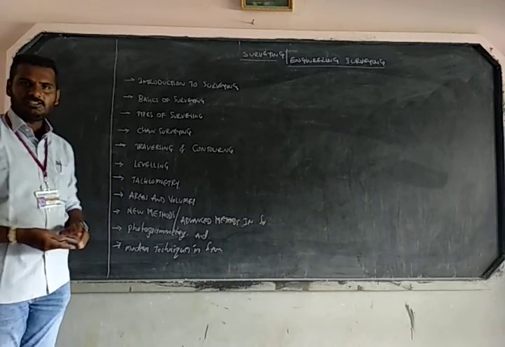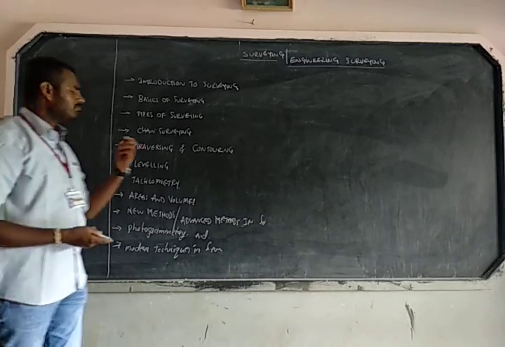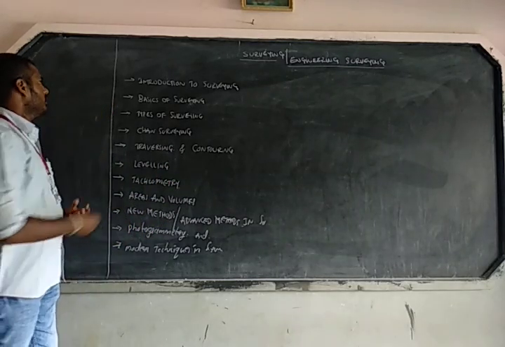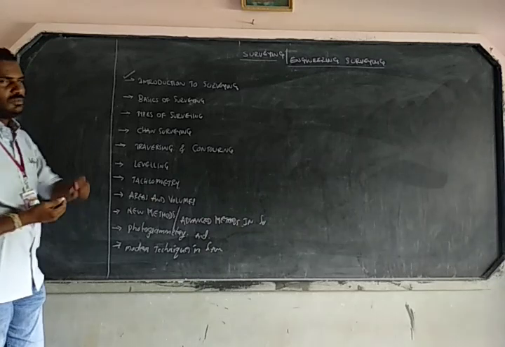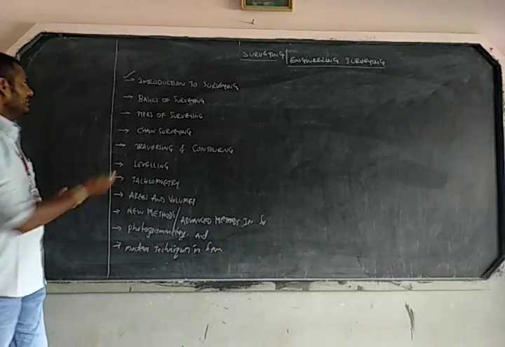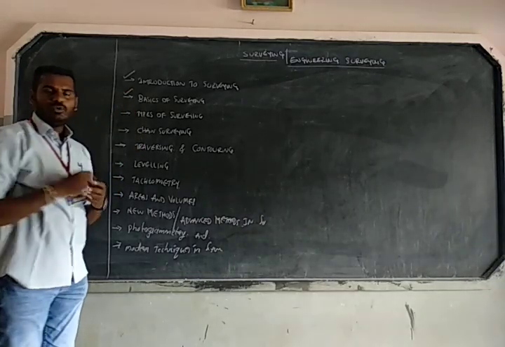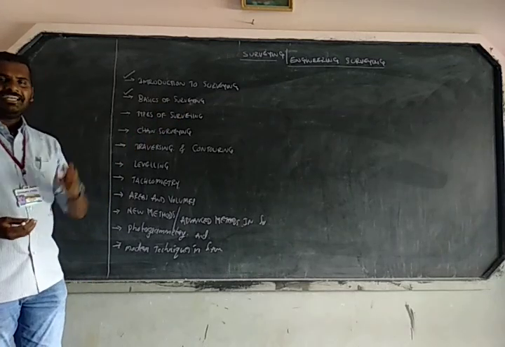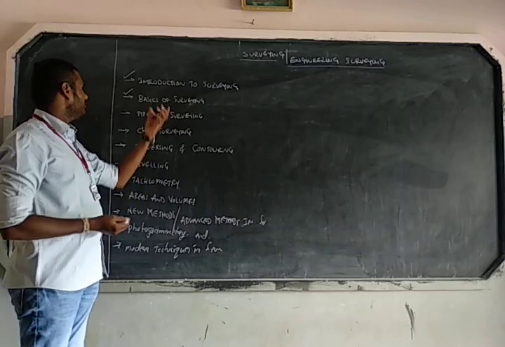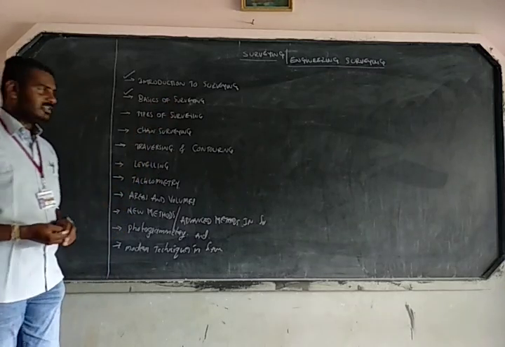After completion of this course, we first go for introduction to surveying. What is surveying, the definition, what are the basics of surveying, what type of equipment we use in surveying, and what terminology we use, is known as basics of surveying.